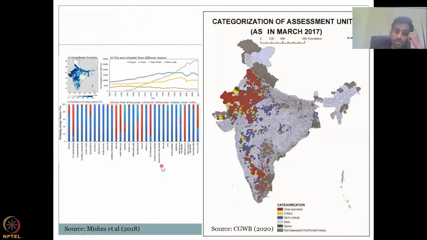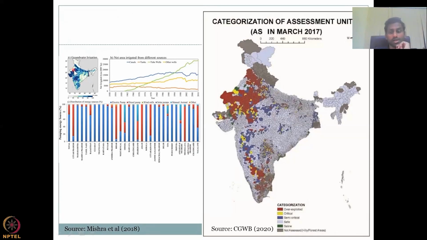Let's do the other comparison. If you look at this area and this area, it matches. So wherever the groundwater irrigation is happening 100%, it is overexploited, which means it is going beyond the natural recharge rate. This is highly unsustainable. So this is a Central Groundwater Board report, and this is another study's report.